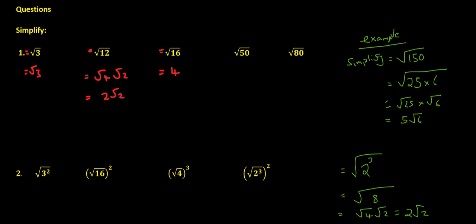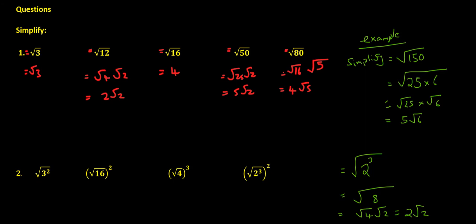This just gives 4. 25 times 2, which is 5 root 2. Here we're going to get 16 multiplied by 5, which is 4 root 5.